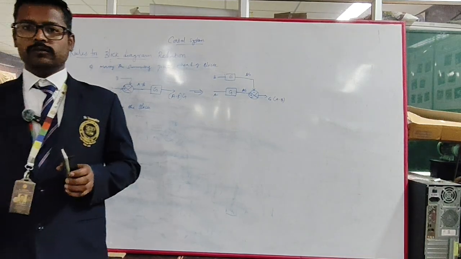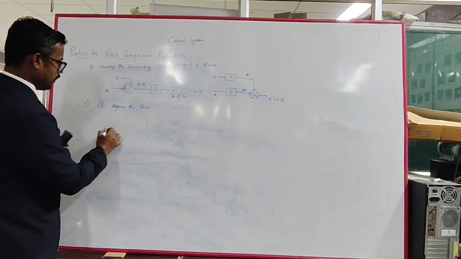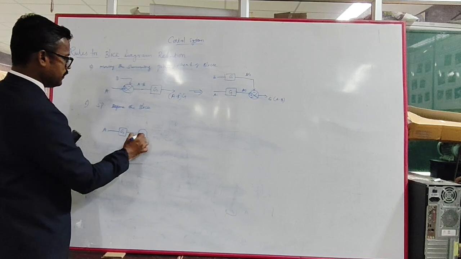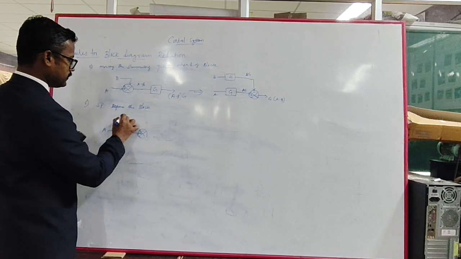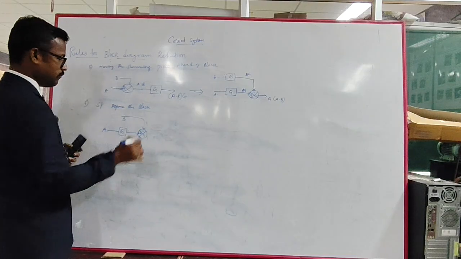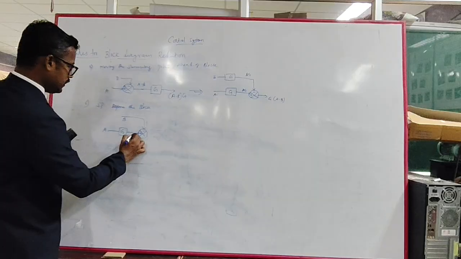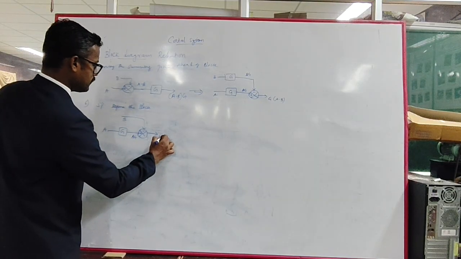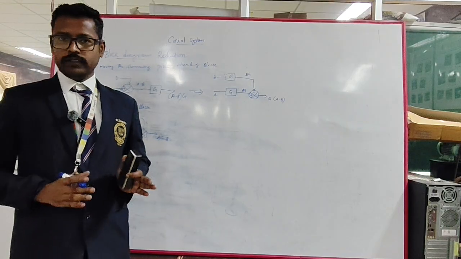How we are going to move it before the block: first we take the signal A and it is given to G, and after that it is added up. The summing point is plus and minus, and it is added with B. So if you take that, what will you get? A into G, AG, and with B you will get AG minus B. This is the output of that block.